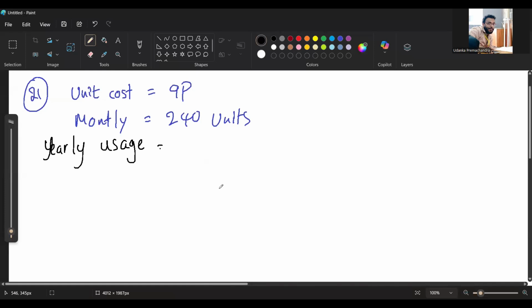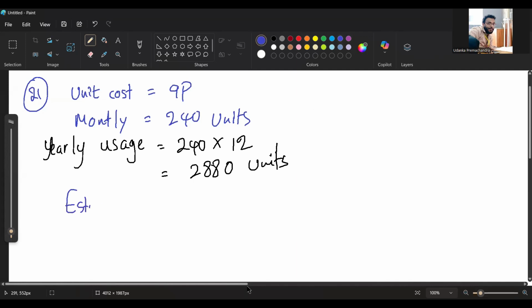If I take according to this, what is the yearly usage? How many months per year? 12. You have to multiply this by 12. 12 times 240 is 2,880 units. So what is the estimated cost?